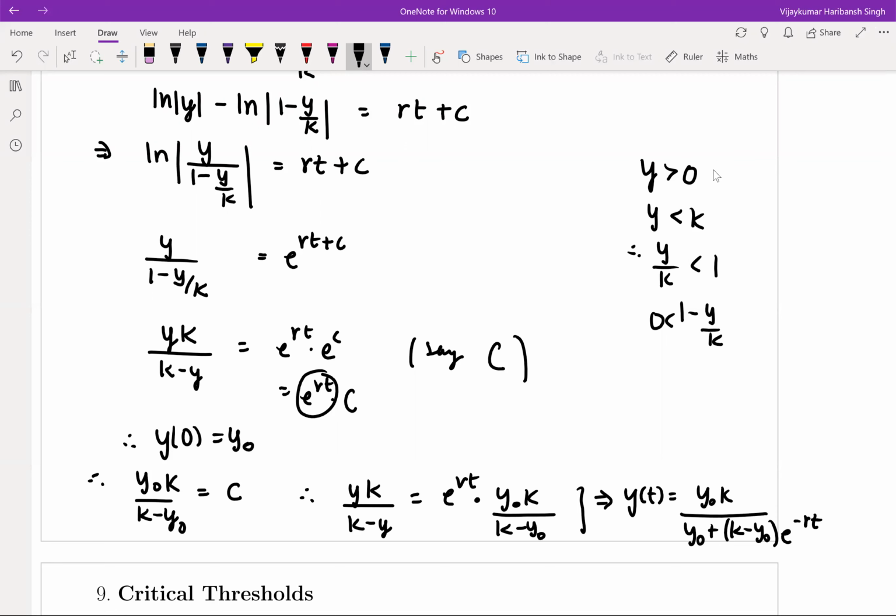You can check that out, where your y0 is between 0 and k, right?